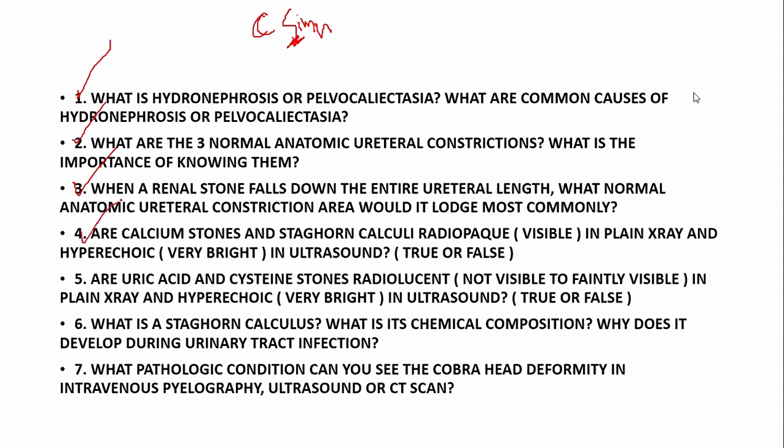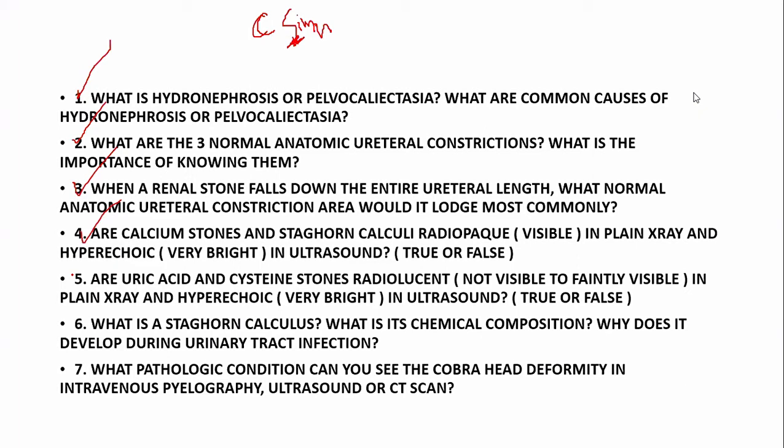Correct. So, are uric acid and cysteine stones radiolucent, meaning not visible, or if ever, sometimes they can be visible but very, very faint in plain X-ray, and hyperechoic in ultrasound, meaning they can be seen as well in ultrasound? It is true, Doc. Okay, correct.